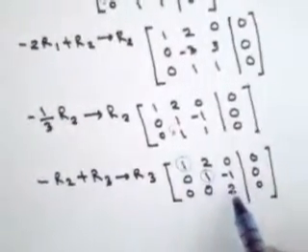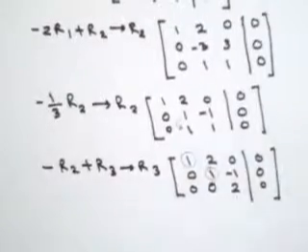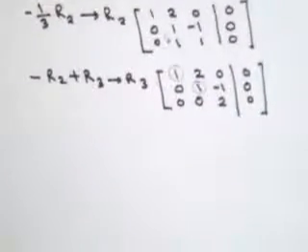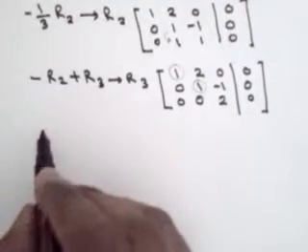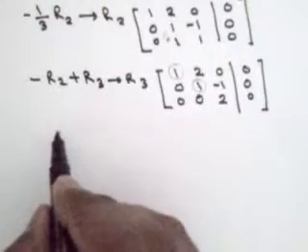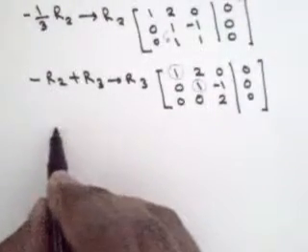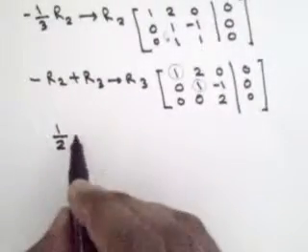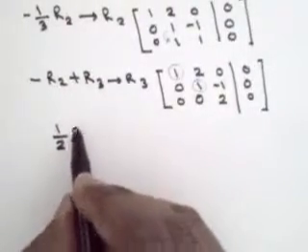Now we have to make this 2 the leading one for the third row. How can we do that? It's not that difficult guys if you concentrate a bit. So now we have to divide the third row by 2.